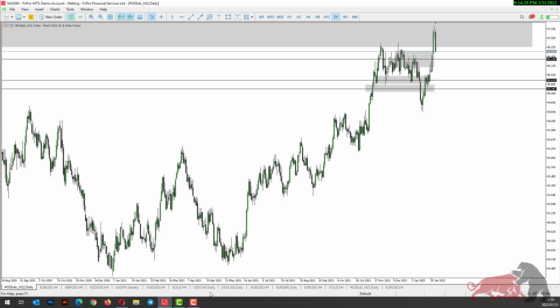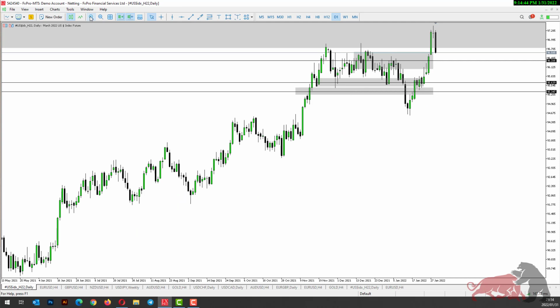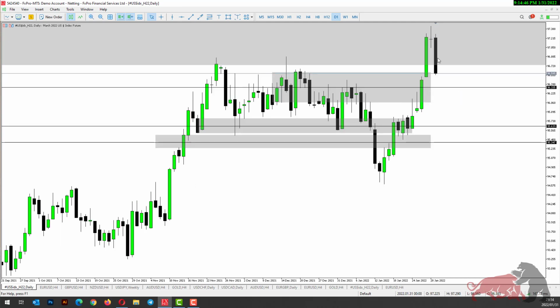We had a weakness in the 10-year, 5-year, and the 30-year bond yields. So that in turn is being portrayed on the dollar index. The dollar index is now showing that type of weakness.